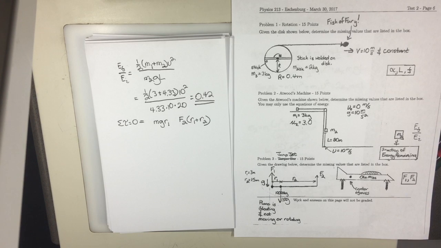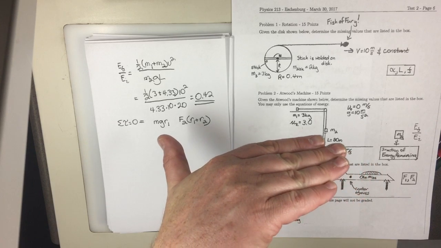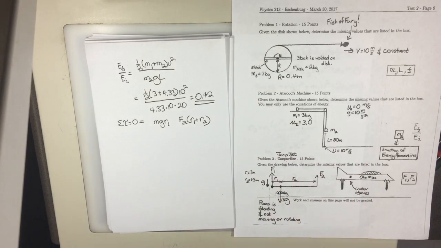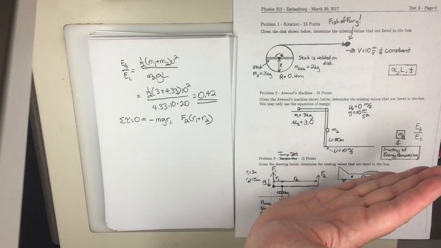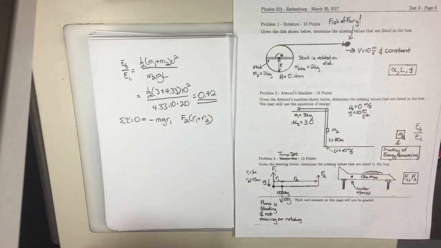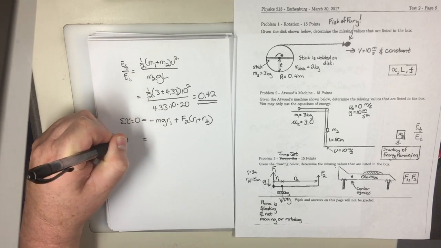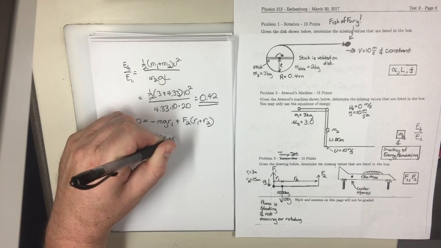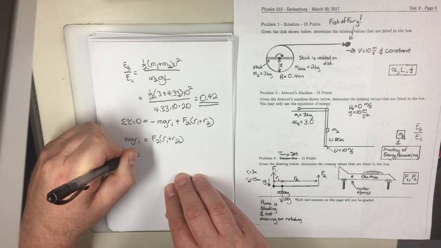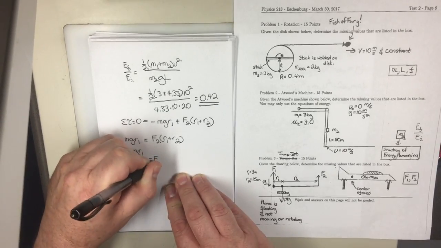We're treating the back of the plane as the rotation point. All of the forces are to the right. The gravity force is down. Thumb goes into the page, or negative. Force 2 is to the right, but force 2 is up. Thumb comes out of the page, or positive. So this ends up becoming mgR1 is equal to F2 (R1 plus R2). mgR1 over R1 plus R2 is equal to F2.